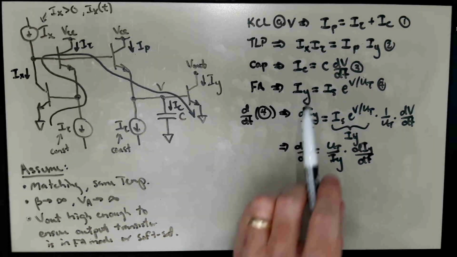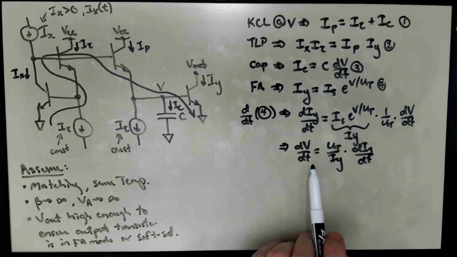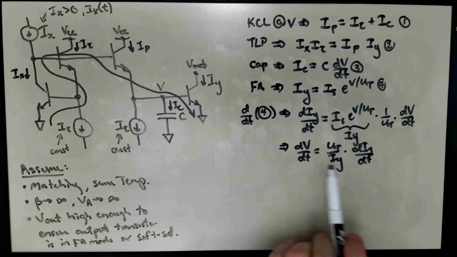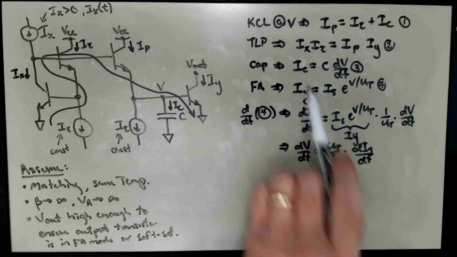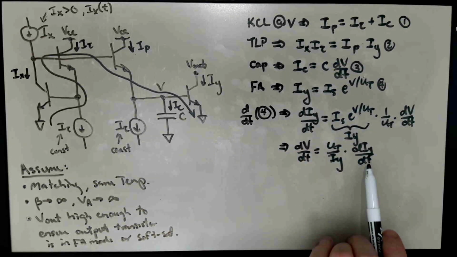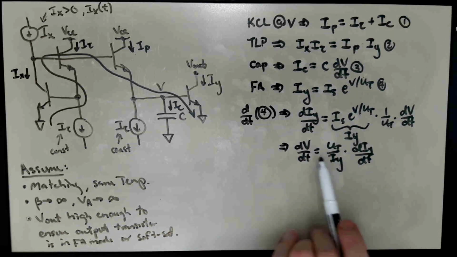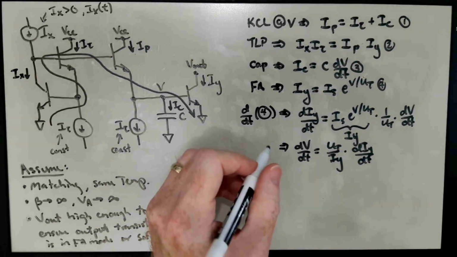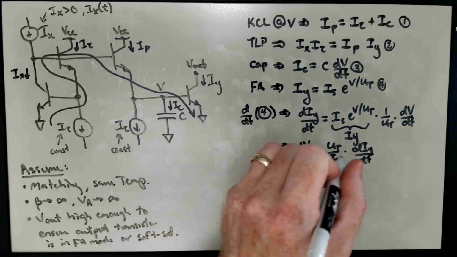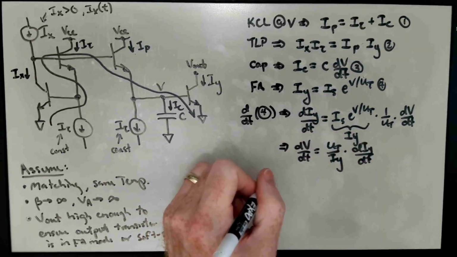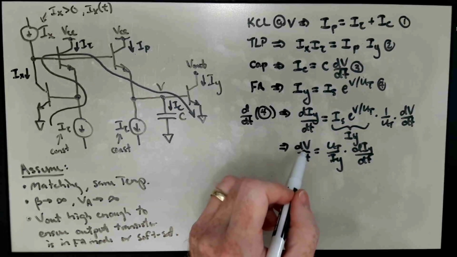So to get a relationship between the capacitor current IC and the output current, we can basically multiply both sides of this equation by C, or substitute dV dt into 3.